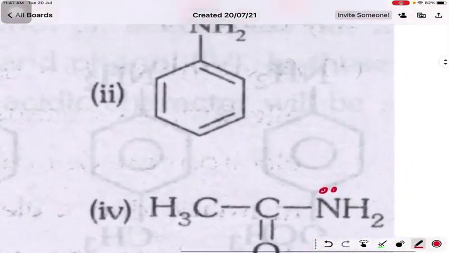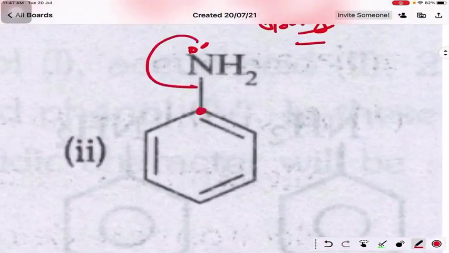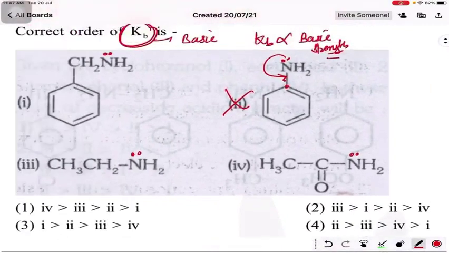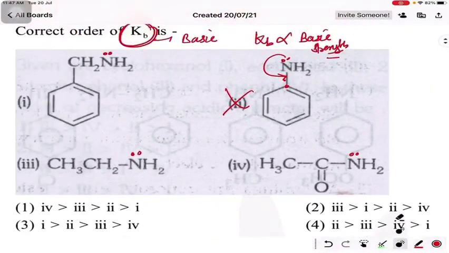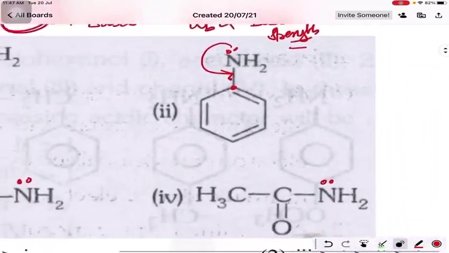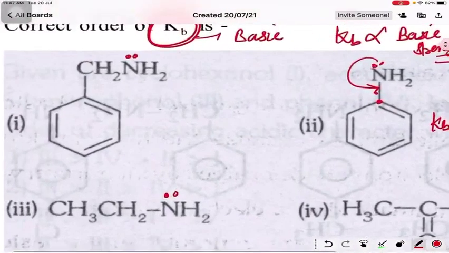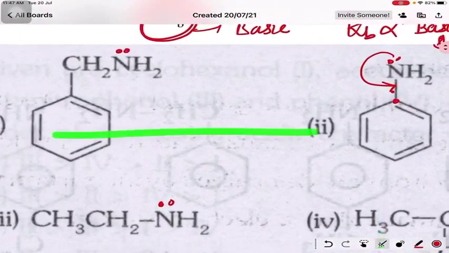Okay. Now in compound number 2, as this lone pair is in conjugation with the ring, this cannot be the strongest base, but we have to give the order. So this is in conjugation, so this will be very, very weak, which means its Kb will be low. Okay, so we can compare between these two, 1 and 2.